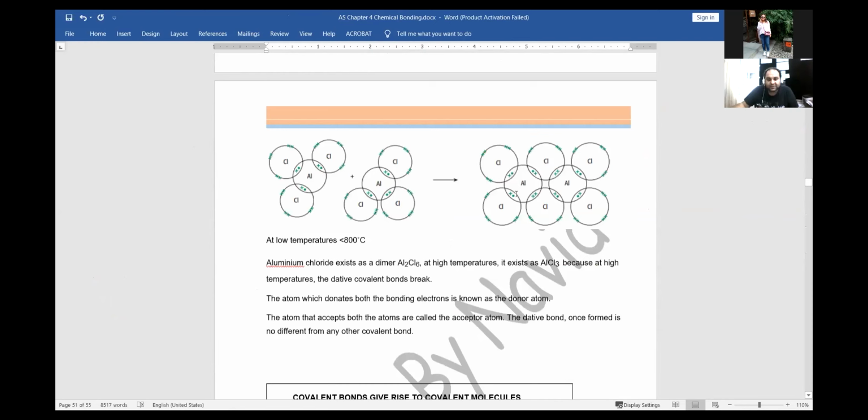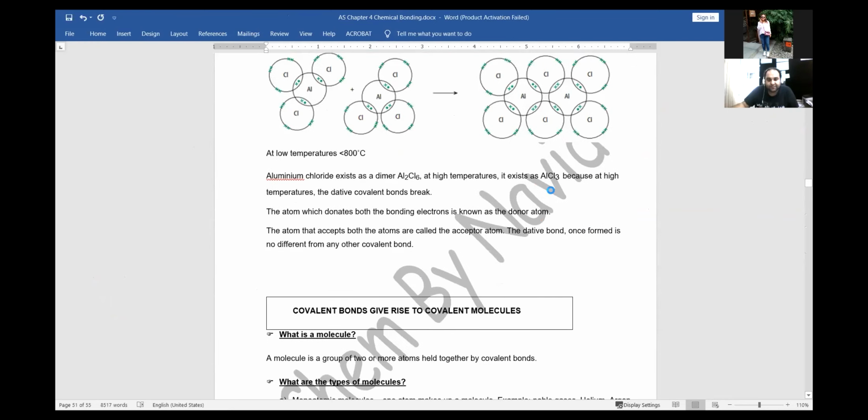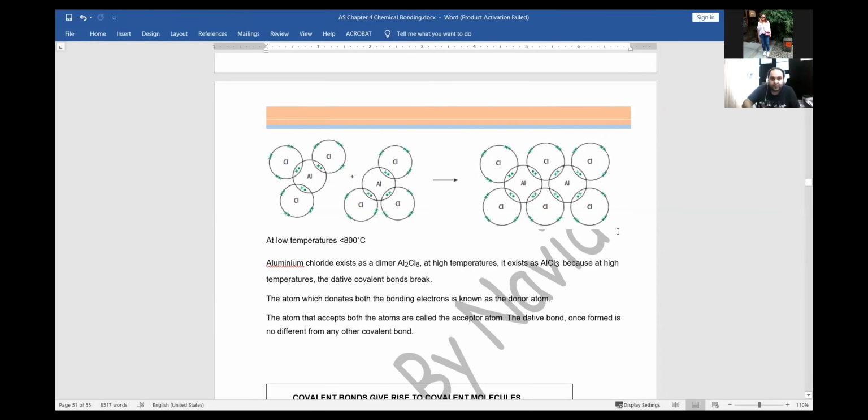So this is the structure of Al2Cl6. Here we have one aluminium. Let's say this is the red aluminium, which is bonded to one chlorine, two chlorines, and three chlorines.